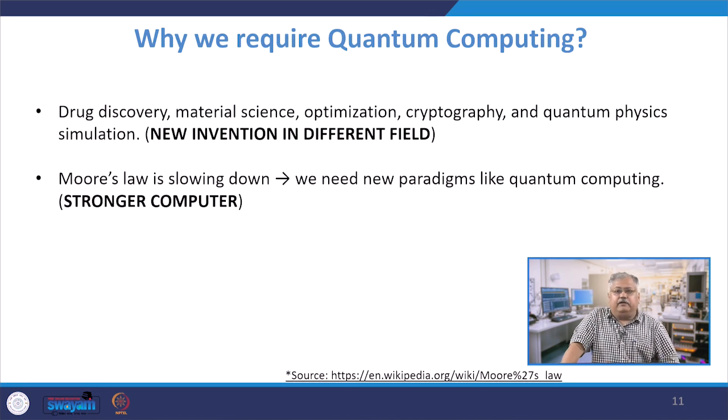Okay, so let me recapitulate what we did in this lecture. We tried to give you a brief idea about quantum computing: what is the meaning of quantum computing, what is the meaning of states of a quantum computer, what is the meaning of ket 0 and ket 1, and that each state can be represented by a column matrix. We also saw that the overall value of alpha and beta can be represented as 1.